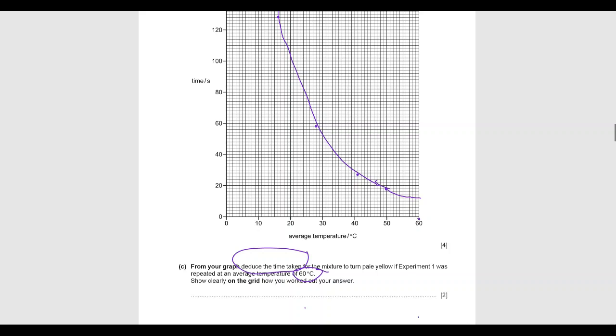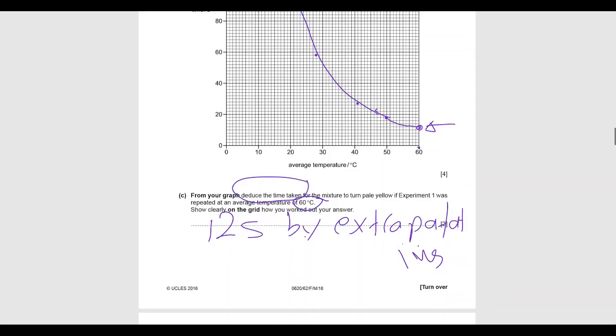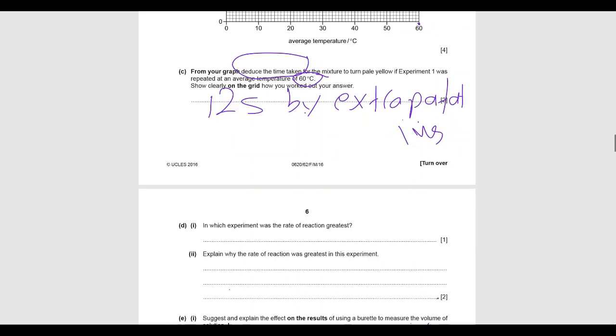So till the 60, what's the time here? It's 12 seconds. How did you get this 12 seconds? By extrapolating, or extra drawing, you can say.